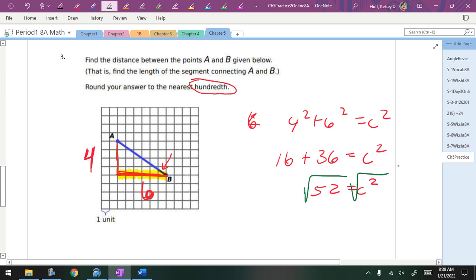Okay, when we take the square root of 52, now hundredth means I have to have 2 numbers. What's after the 2? What's after that 1? So is that 1 big enough to make it round? No. So 7.21. Today we got to be careful because we have to go to the hundredth. So you have to have both those numbers, 7.21.